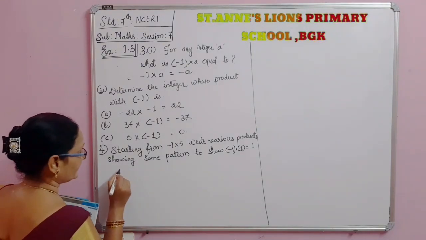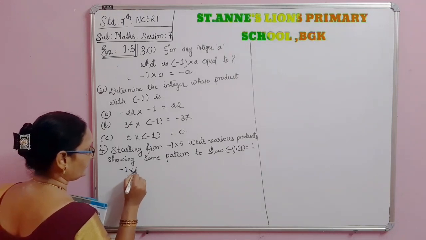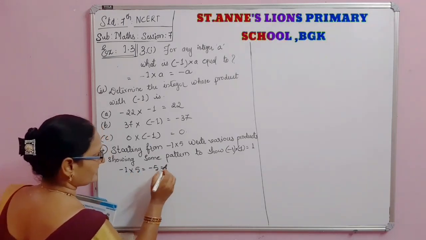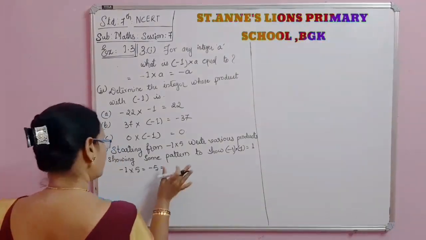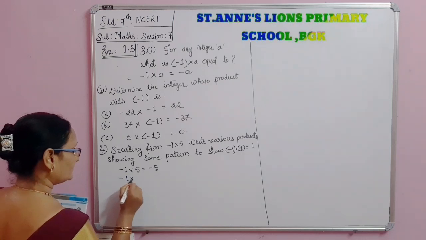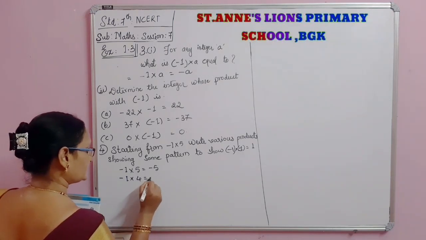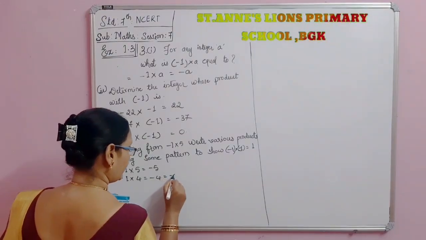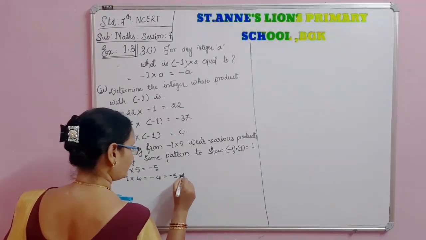See, now we start here. Minus 1 into 5 is equal to minus 5. This is given only, this no need. Next comes minus 1 into 4. It is minus 4. This can be written as minus 5 plus 1.